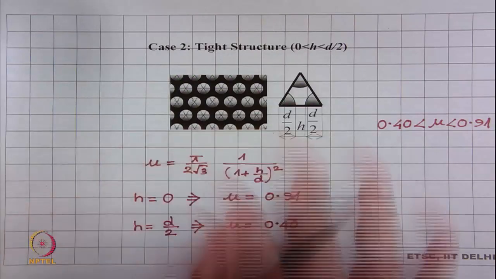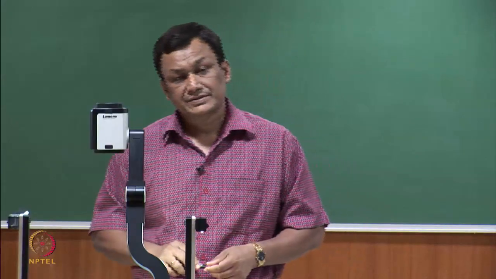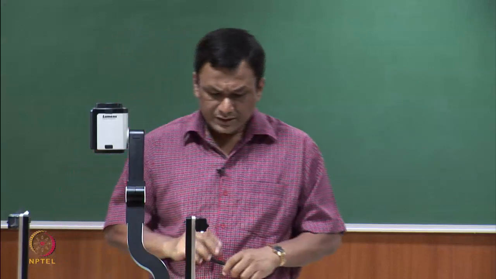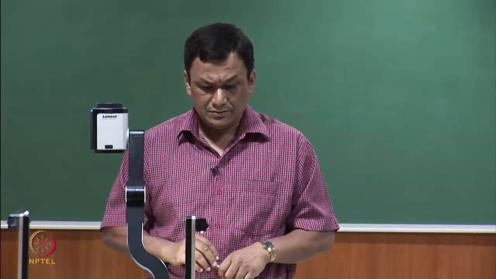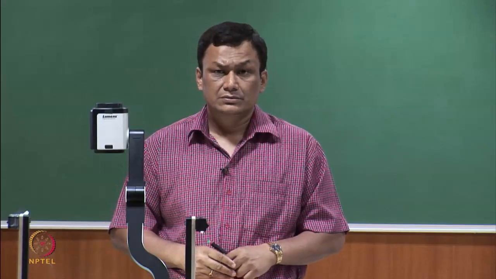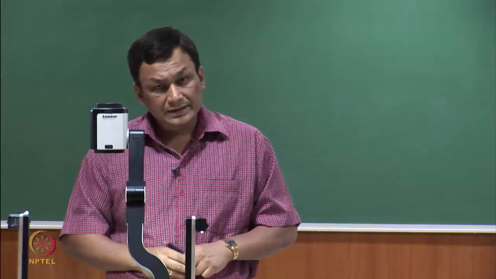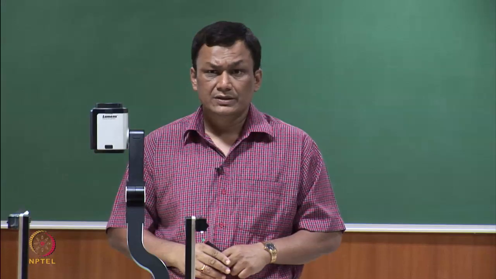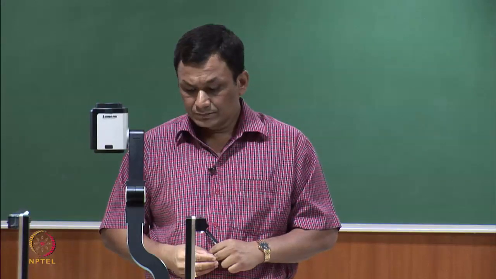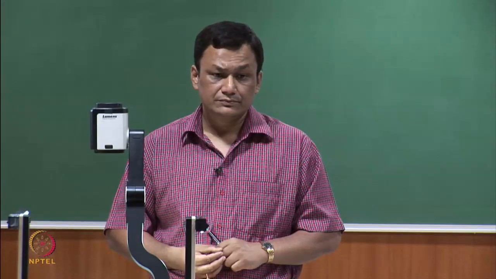What will be the behavior of this structure? This structure is a tight or compact structure. There is a little space available in between fibers. So, this structure will be mechanically strong, at the same time it will be porous, it will be soft.